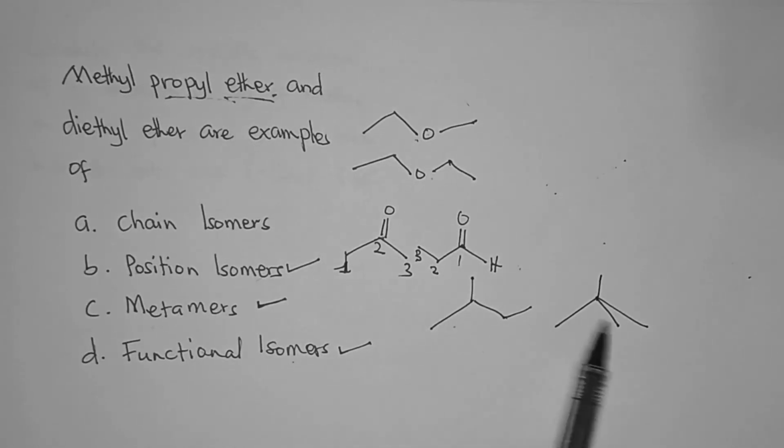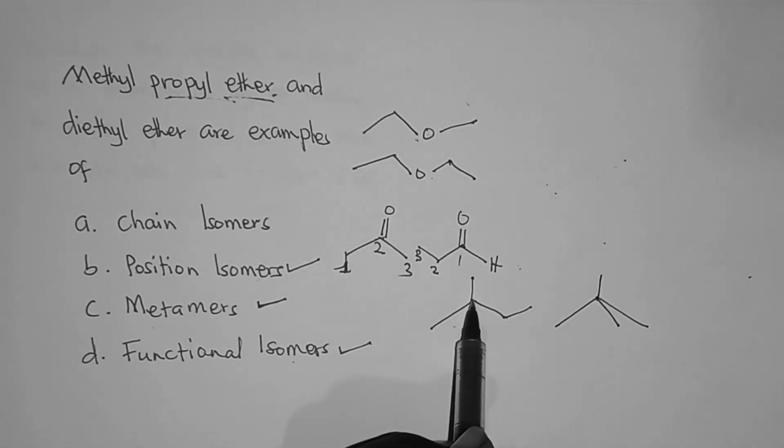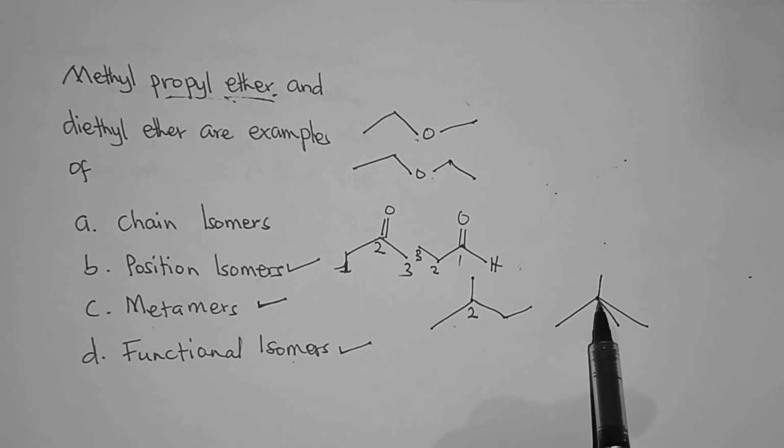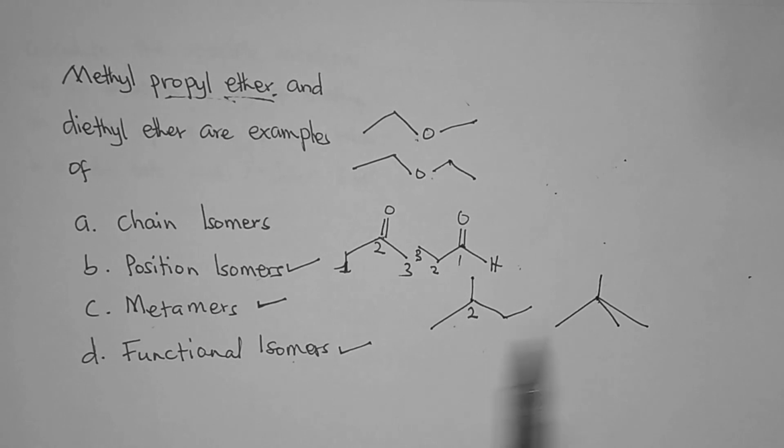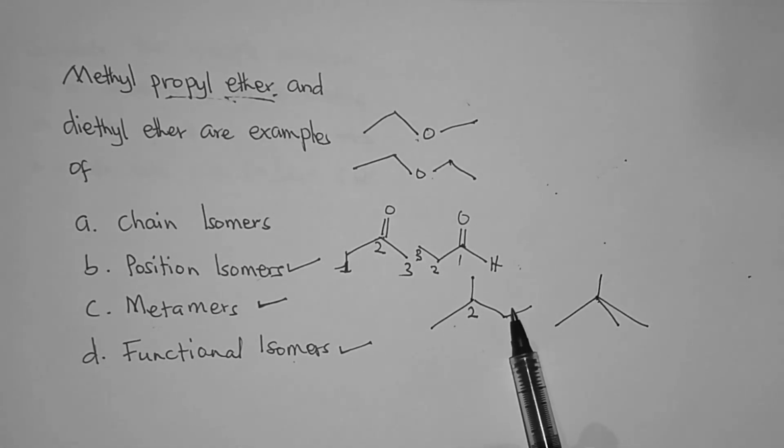So these are chain isomers because they only differ from each other along the chain. This methyl substituent is on carbon number 2. But here, on carbon number 2, it has 2 different substituents, a methyl group and another methyl group. So these are chain isomers.